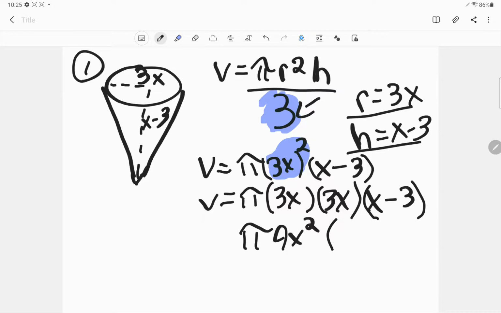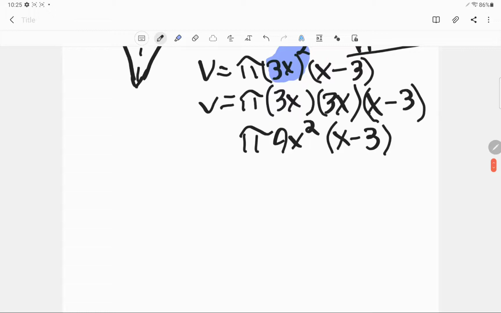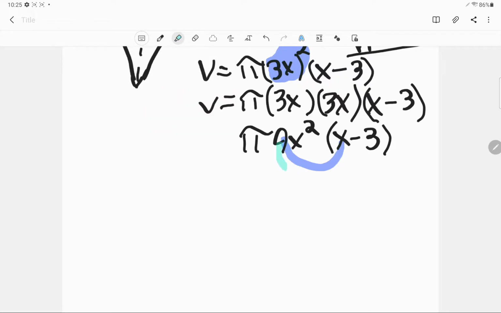Then I'm going to rewrite my x minus 3. I have all that already set up. Now I'm going to show you guys real quick. I'm going to grab this 9 and multiply it by the x. Then I'm going to grab the 9 again and multiply it by the negative 3.